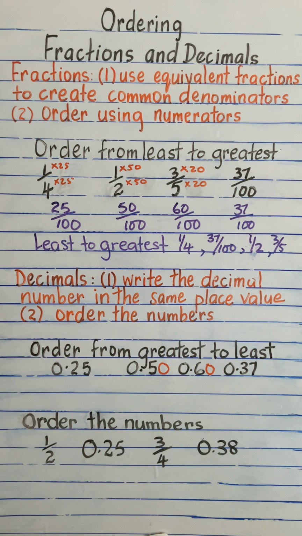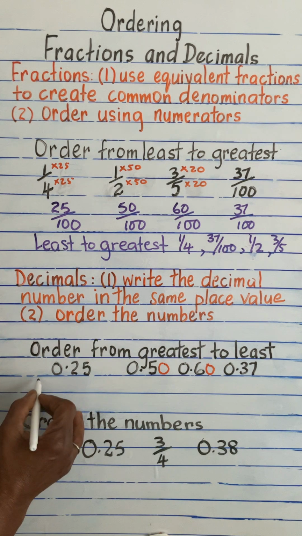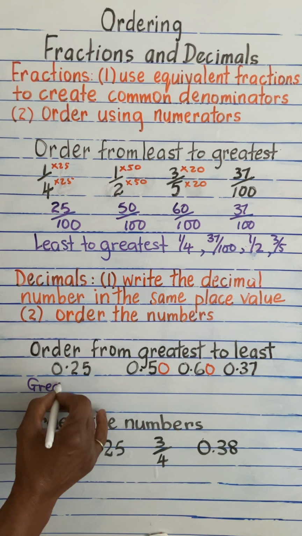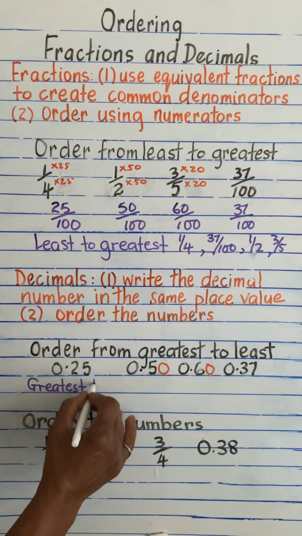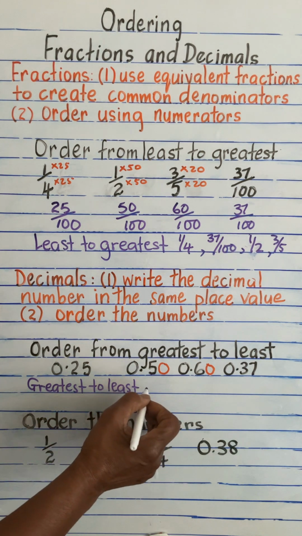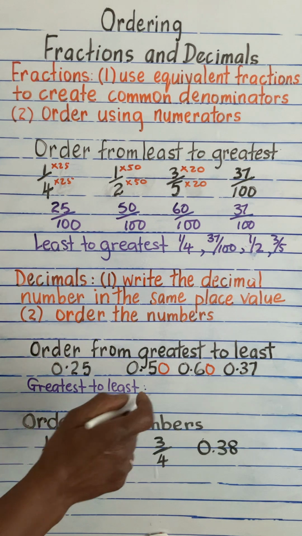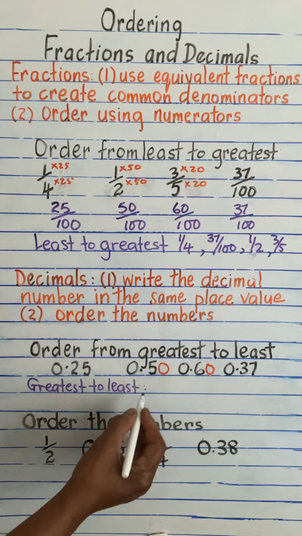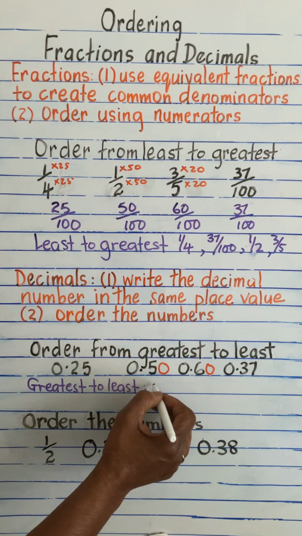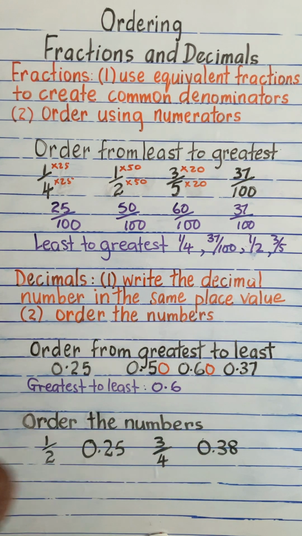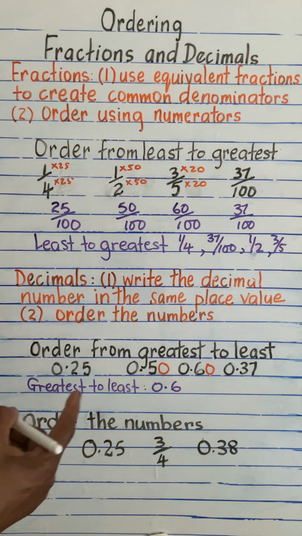From greatest to least, 0.60, which is 0.6. So we're going to put 0.6. Remember, we're ordering the original number.